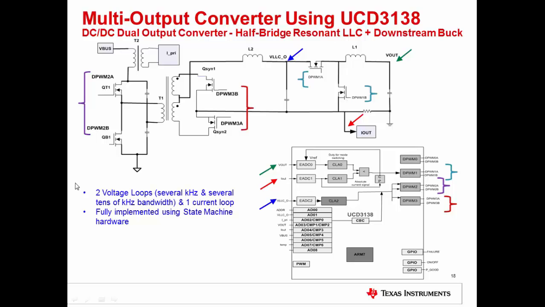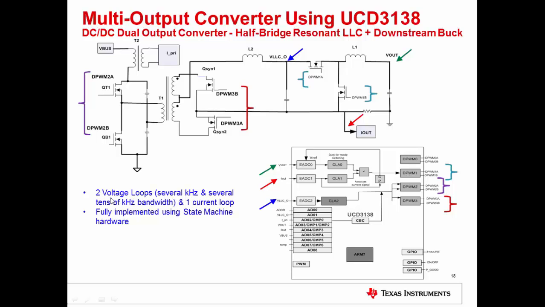In this example, the LLC converter is controlled by one hardware loop, and the output of the buck converter is controlled by another hardware loop. Furthermore, the availability of the third loop gives the option to sense the output current using a shunt and implement functions such as constant current, constant power loop control.